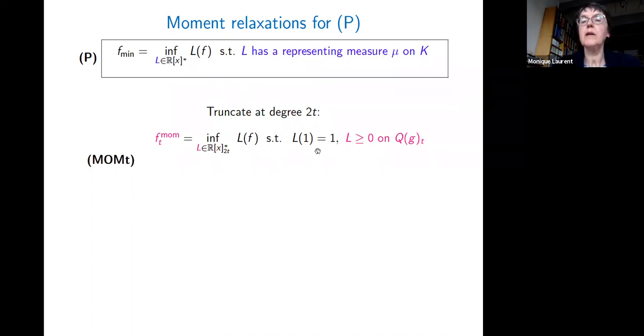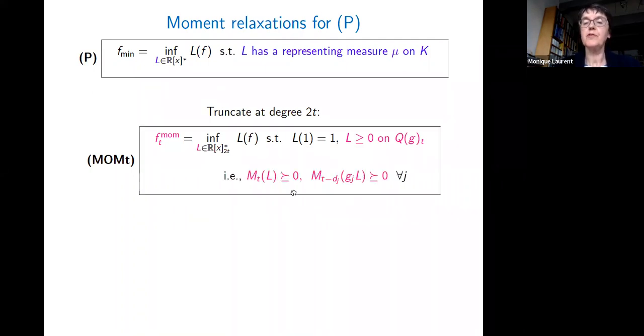L of 1 equals 1 captures the fact that you are looking for a probability measure, so total mass 1. As just observed, this can be reformulated via explicit positive semi-definite conditions, which ask that this bunch of localizing moment matrices should be positive semi-definite. The exact details are not very important. The point is that this moment bound is again expressible as a semi-definite program for any given order.